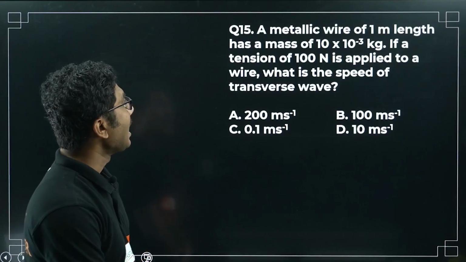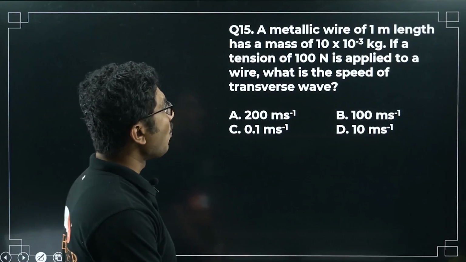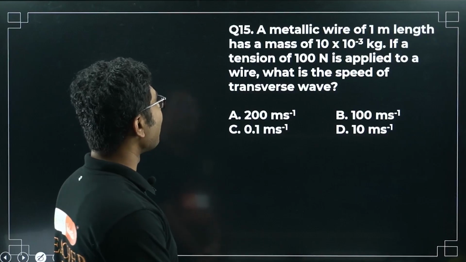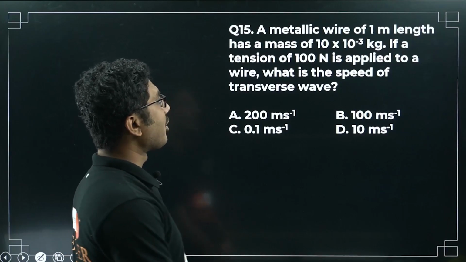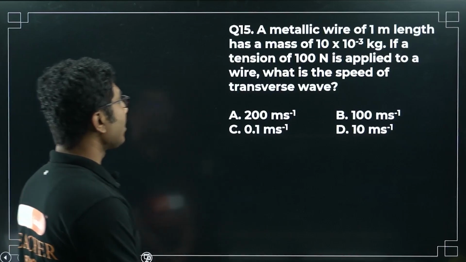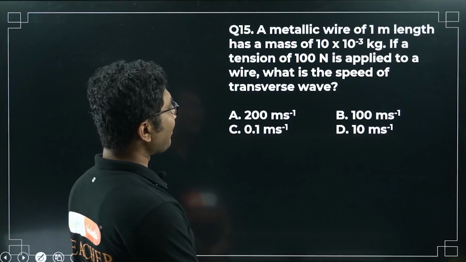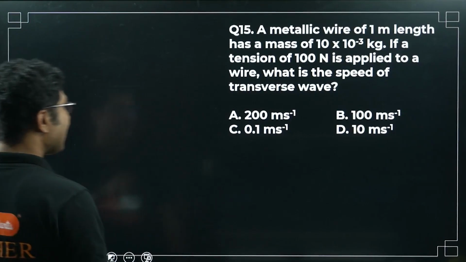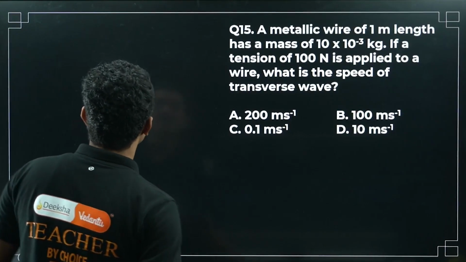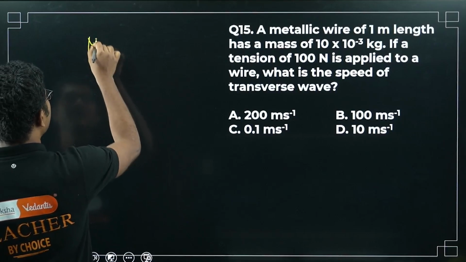Question number 15. A metallic wire of 1 meter length has a mass of 10 times 10 to the power of minus 3 kilograms. If a tension of 100 Newton is applied to the wire, what is the speed of the transverse wave? Now there is a formula for that. First of all, you have to find the mass per unit length.